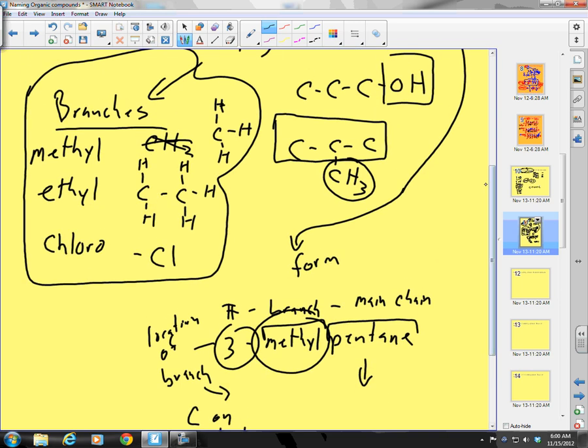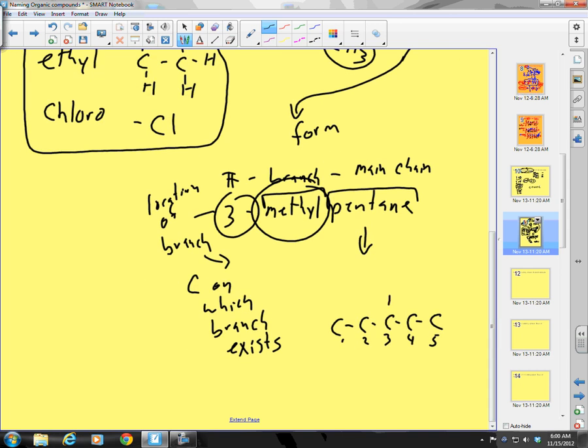A methyl is a CH3. So on my third carbon, I'm going to put a CH3. And then we can get rid of our numbers now. We'll fill in the rest with hydrogens. Remember, each carbon needs to have 4 bonds, so wherever I don't have 4, I have to put in hydrogens, right?